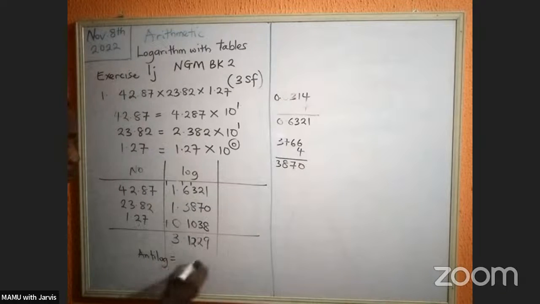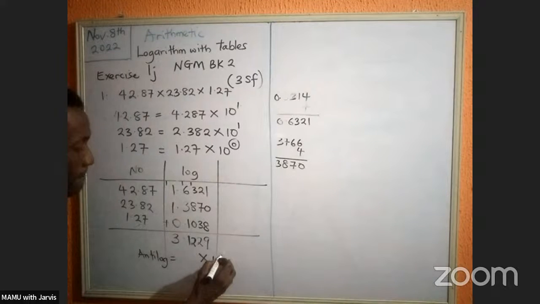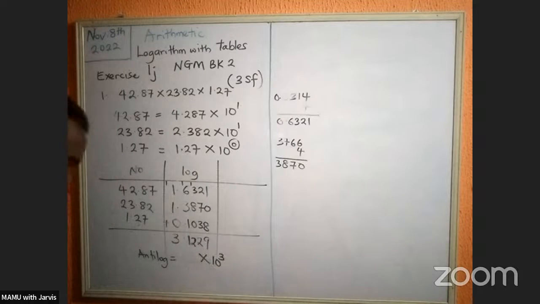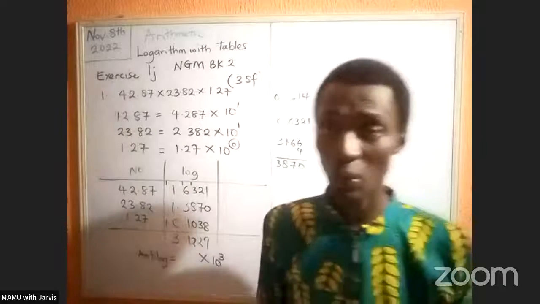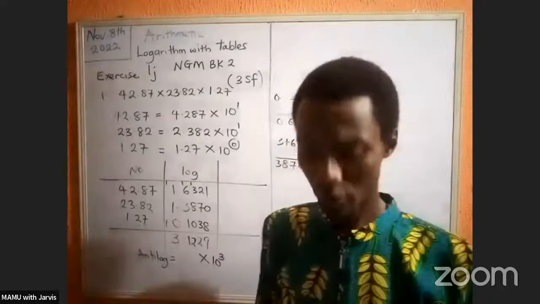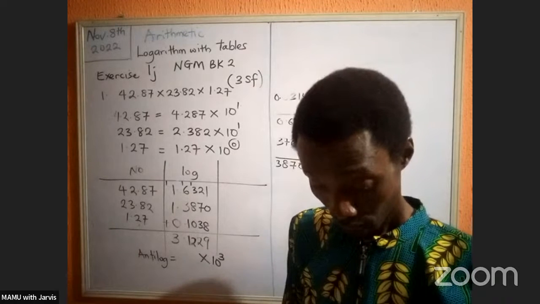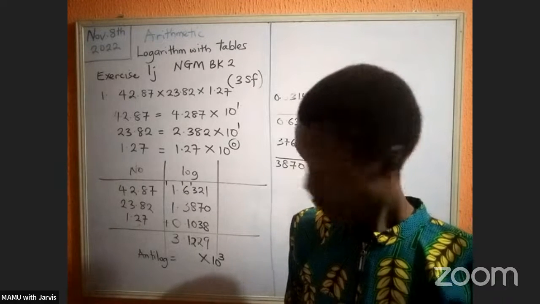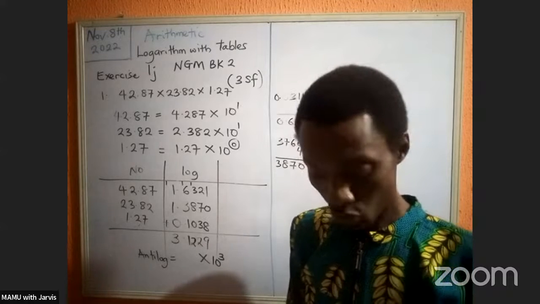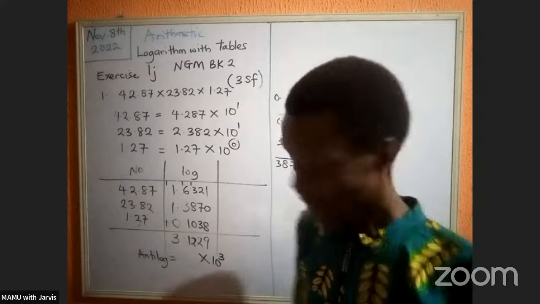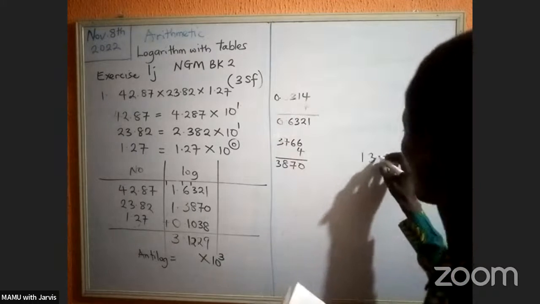The anti-log will be what? This 3 means that whatever I get is to the power of what? 3. So I'll go to my anti-log table. The anti-log is usually the next page after the logarithm. And there I'm going to say 12 under 2. 12 under 2 will give me 1324.